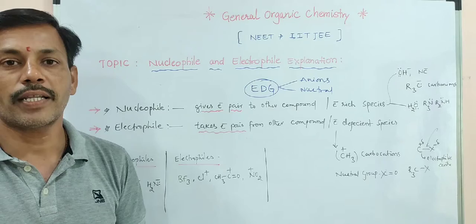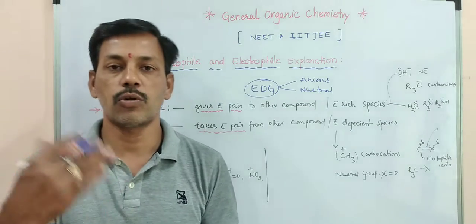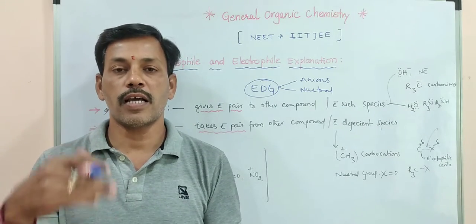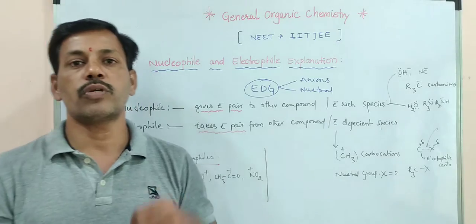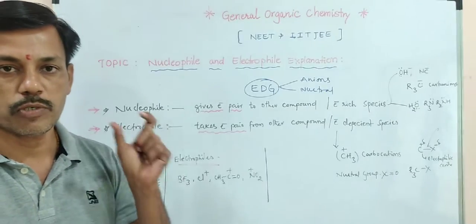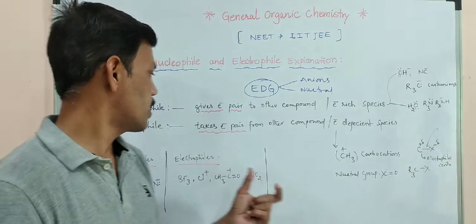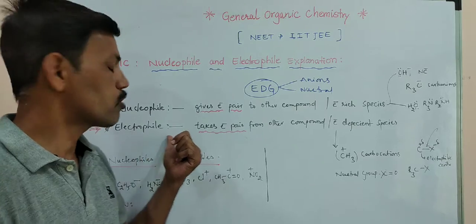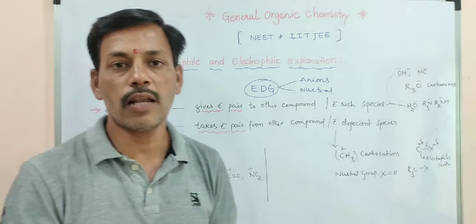So remember that a nucleophile is an electron donating group, and being an electron rich compound, it donates electrons to other substituents.